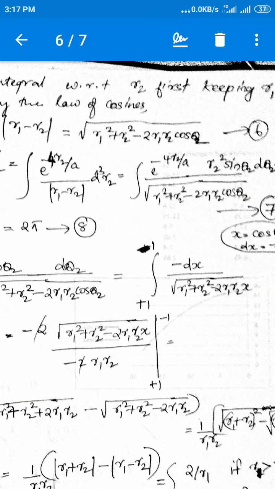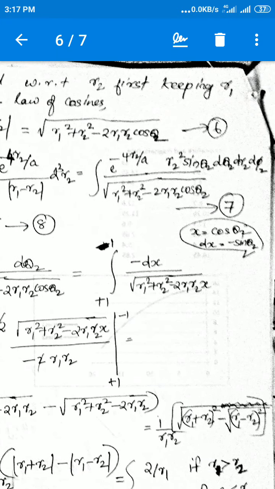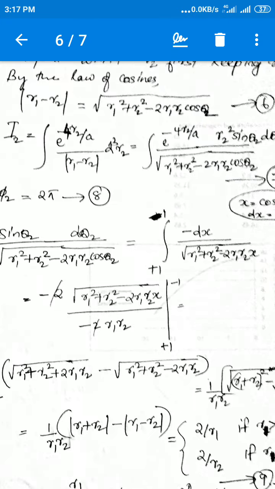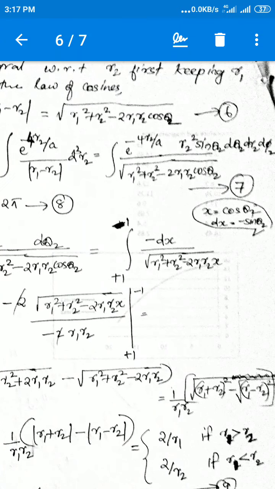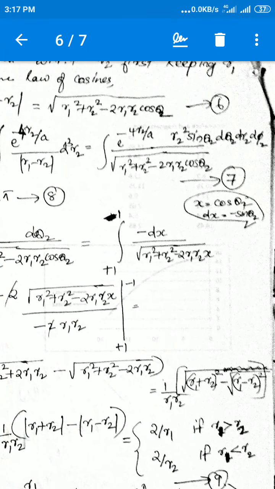So only 4 r2 we have taken. So e raised to minus 4 r2 by a d cube r2 by |r1 minus r2|. Take that as I2. Here we took it as I2. So in the integration, we have substituted for |r1 minus r2| there, and d cube r2 is substituted as r2 squared sin theta 2 d theta 2 dr2 d phi 2.